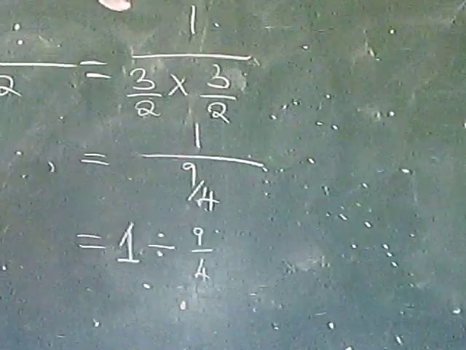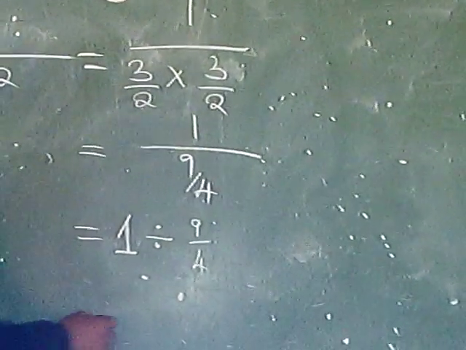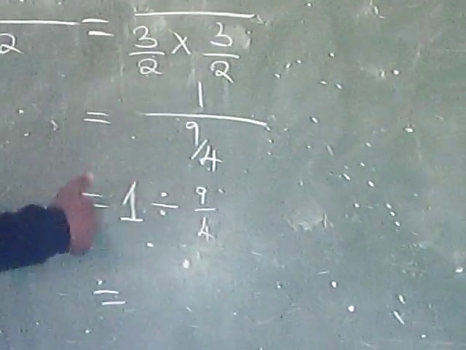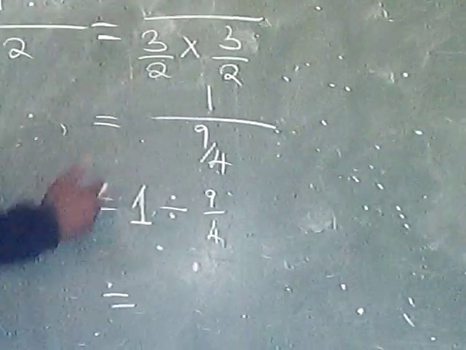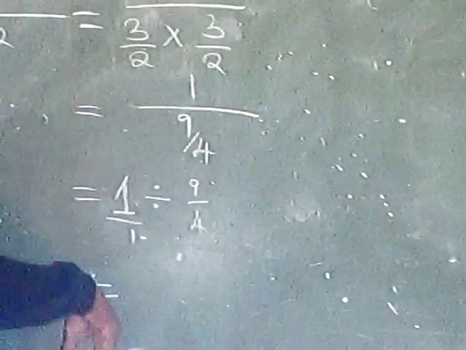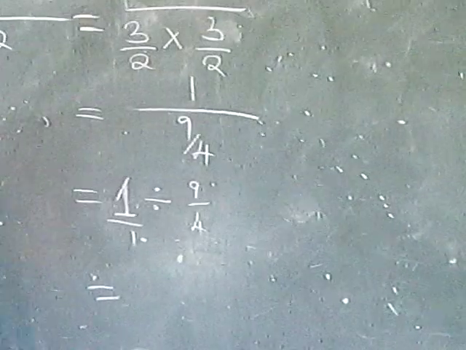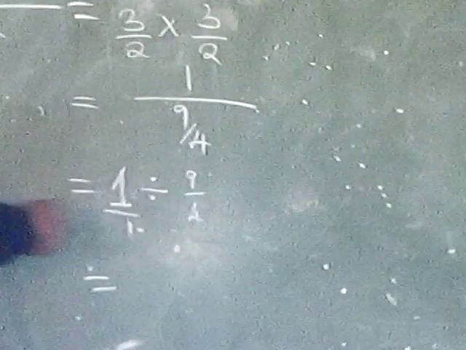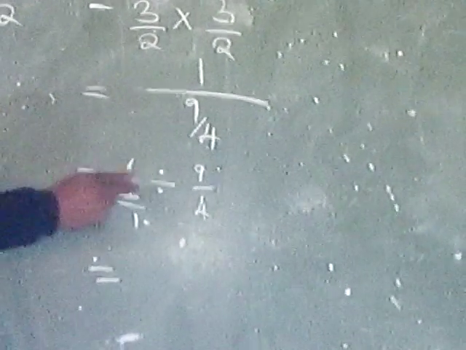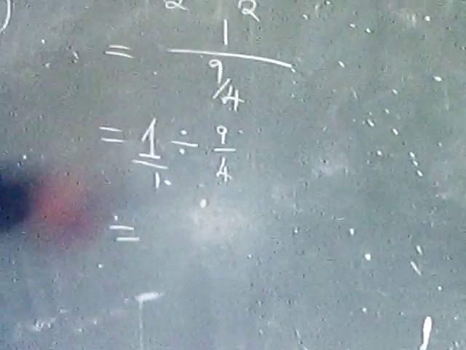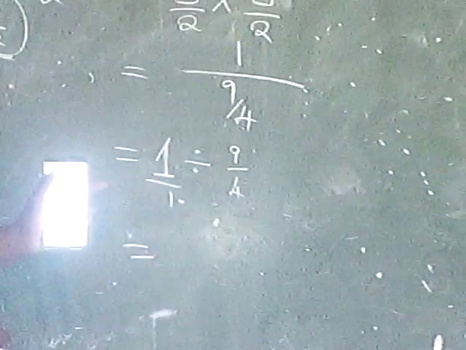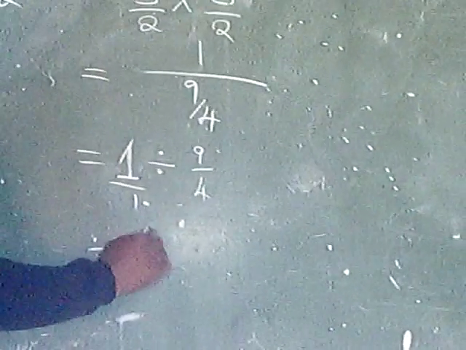Once that is done, there's a rule that we use. If you are dividing any two fractions, as we're able to see, 1 can be expressed as 1 over 1, and 9 over 4 as it is there. If you are dividing two fractions, the left-hand side fraction has to be written as it is, and this is 1 over 1.